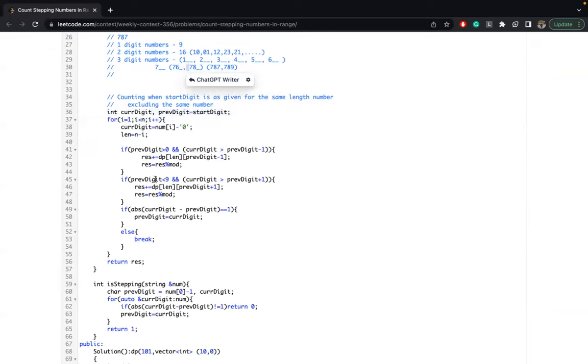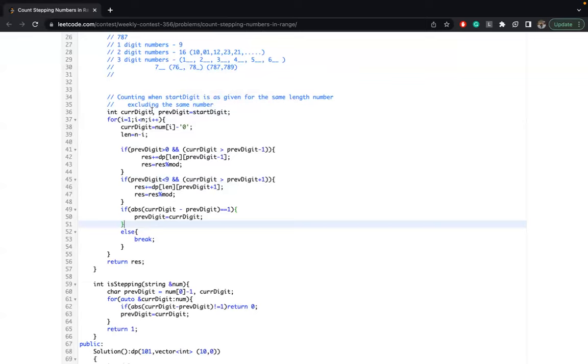And then here, since the previous digit is 7, 7 plus 1 is 8, and the current digit is not more than 8, it's just equal to 8. So this condition will be satisfied because the difference between 8 and 7 is 1, and the previous digit will be updated and it will not break.